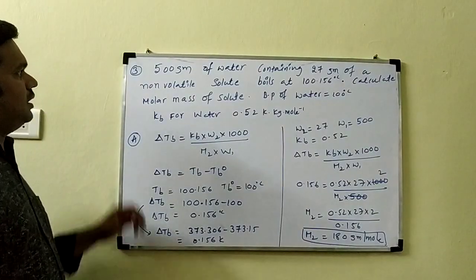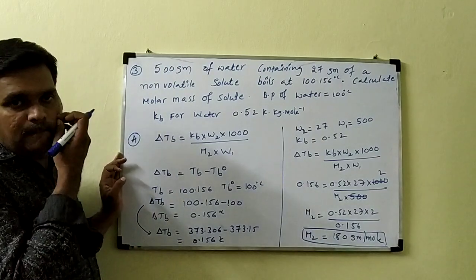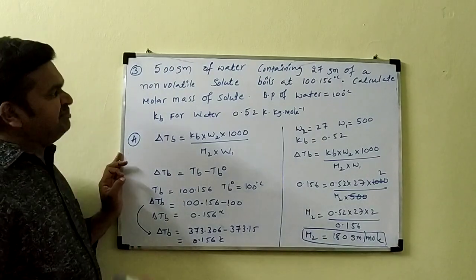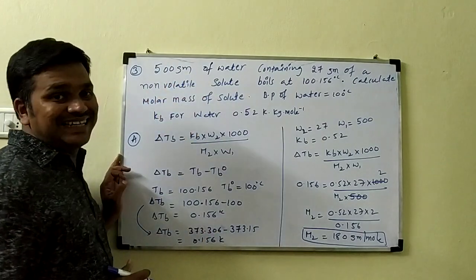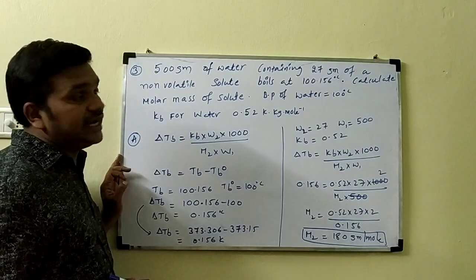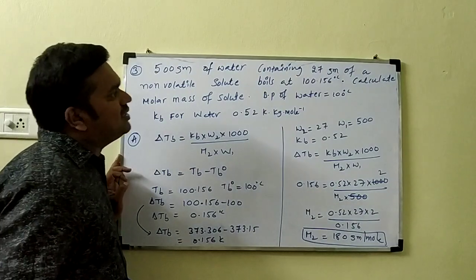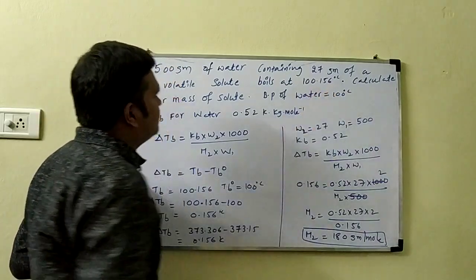Let us see one more problem on elevation in the boiling point. See the question here. 500 grams of water containing 27 grams of a non-volatile solute boils at 100.156 Celsius.